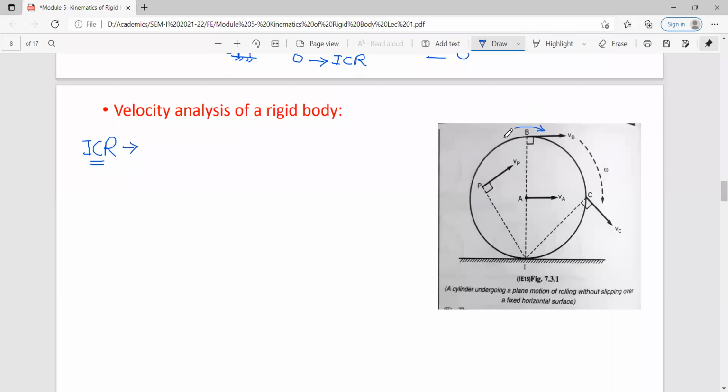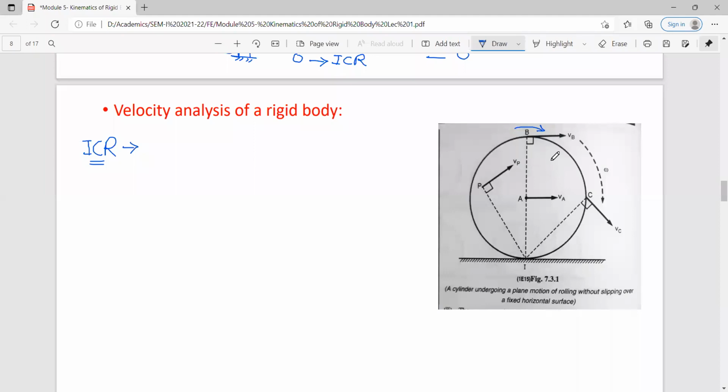One can easily see that the cylinder is turning, meaning it is having circular motion. So where is the center of rotation about which this whole thing can be considered to be rotating?